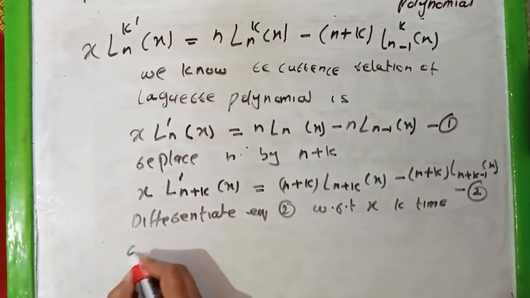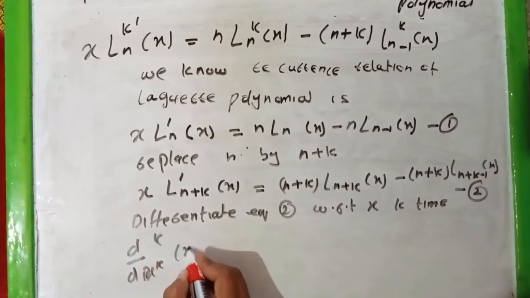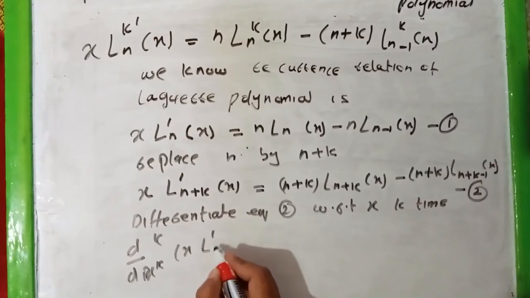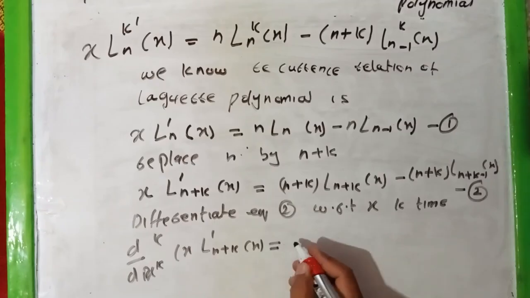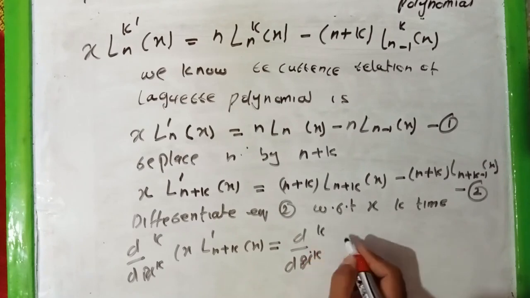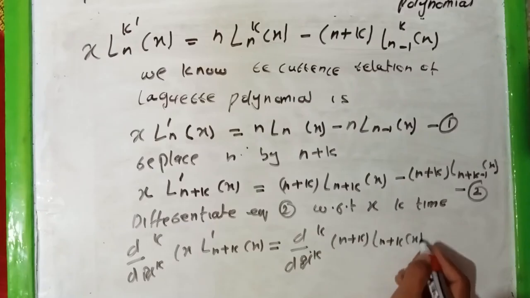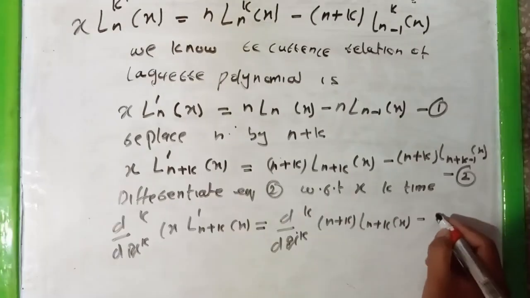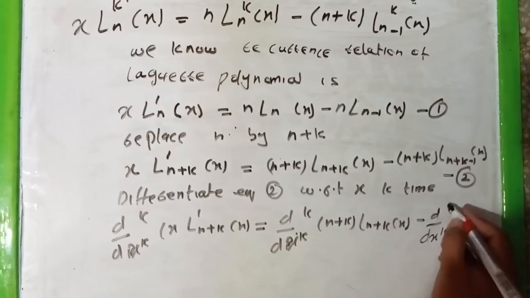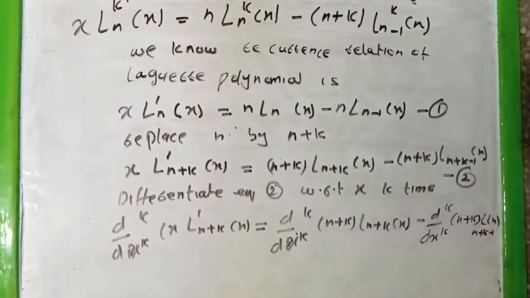So this becomes the kth derivative of x times the derivative of L_{n+k}^{k}(x) with respect to x, which is equal to the kth derivative of n+k L_{n+k}^{k}(x) with respect to x minus the kth derivative of n+k L_{n+k-1}^{k}(x) with respect to x.